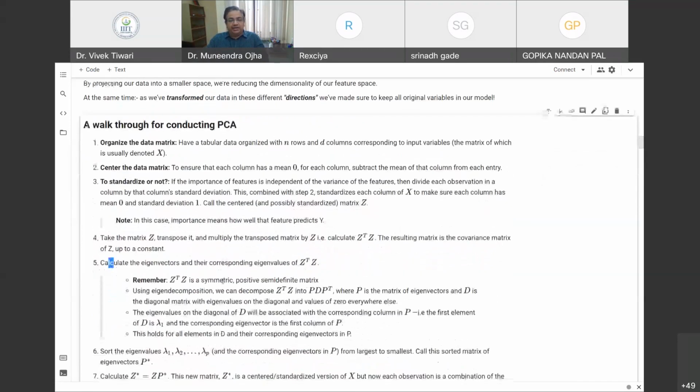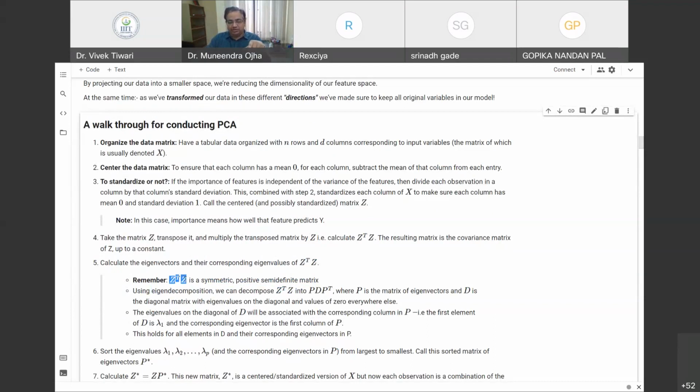Calculate the eigenvectors and their corresponding eigenvalues for this matrix ZTZ. Remember, ZTZ is a symmetric, positive semi-definite matrix. This is the property I talked about yesterday also. We use eigen decomposition. Why can we use eigen decomposition here? Because ZTZ is a square matrix. In SVD, we were talking about rectangular matrices also.